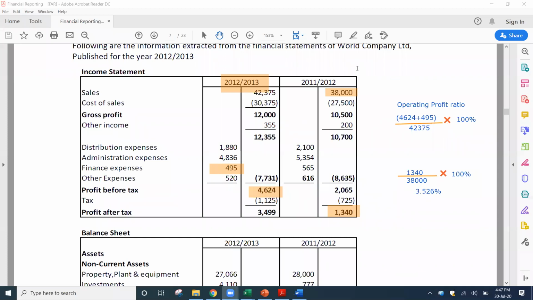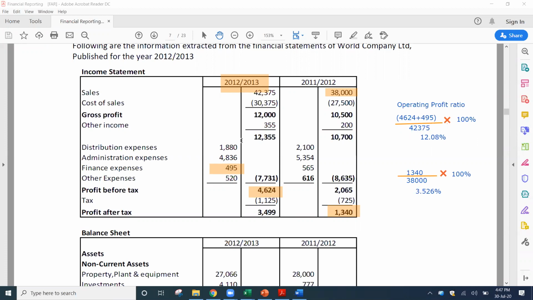That's how we calculate the operating profit ratio. It's coming to around 12.08. Right, so that's how you calculate the operating profit ratio.